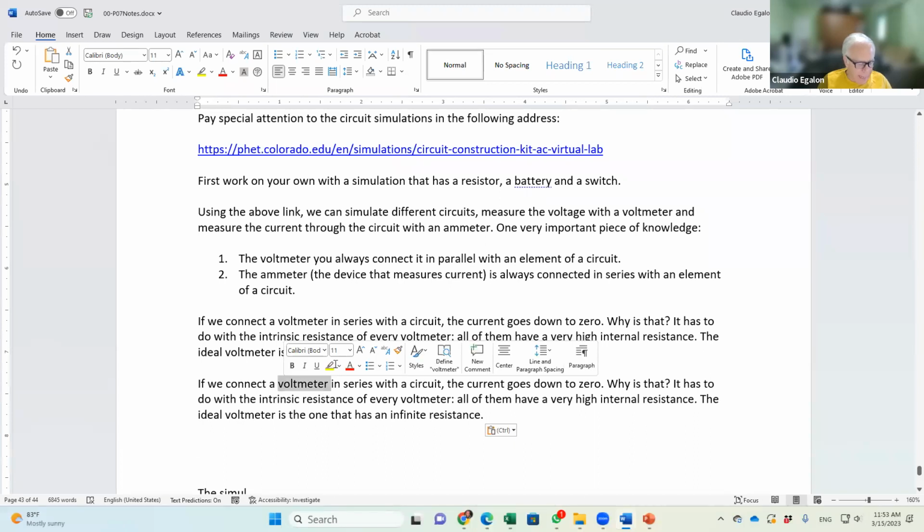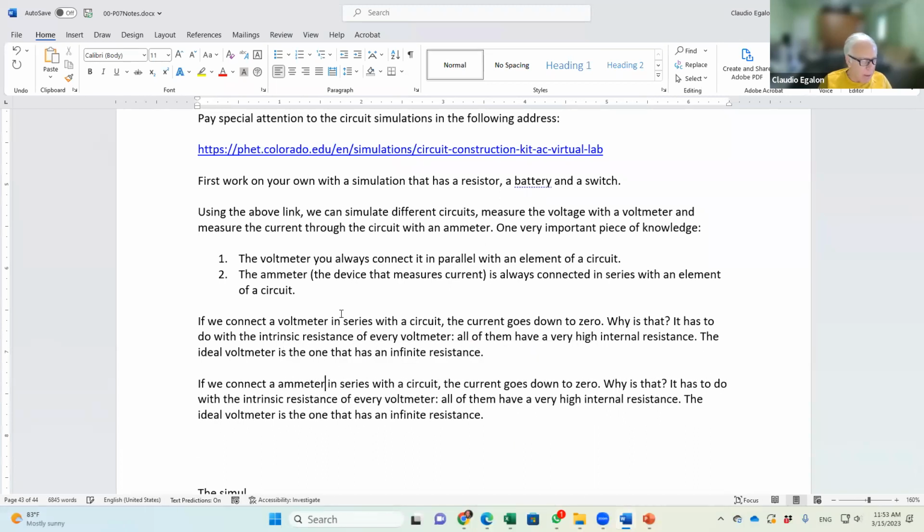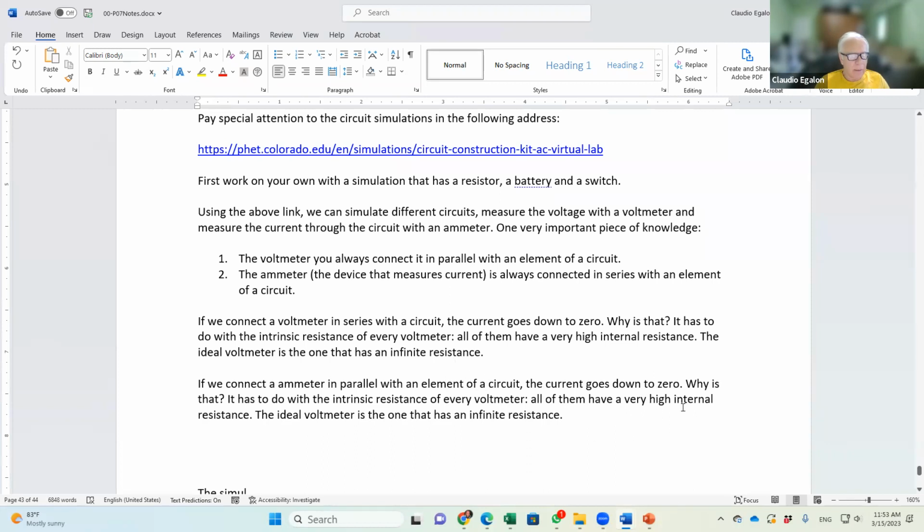If we connect an ammeter, not in series, but in parallel with an element of a circuit, the current goes up to infinity. Okay, why is that?